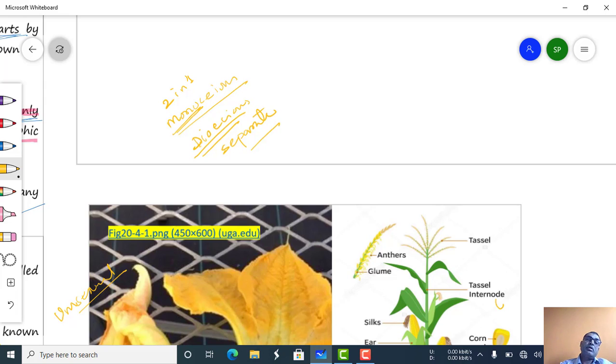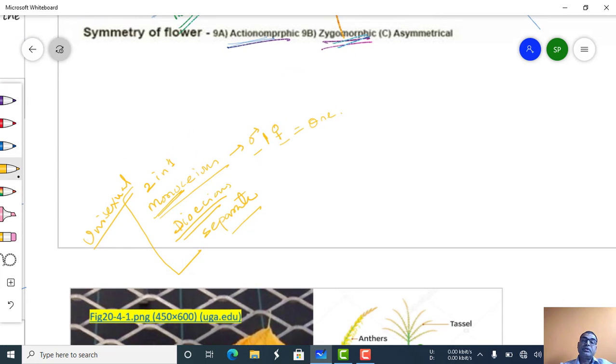Monoecious: here unisexual flowers will be present. Okay, if the male flower and female flower are separate, but if they are present on one and the same plant, then that plant is called a monoecious plant.